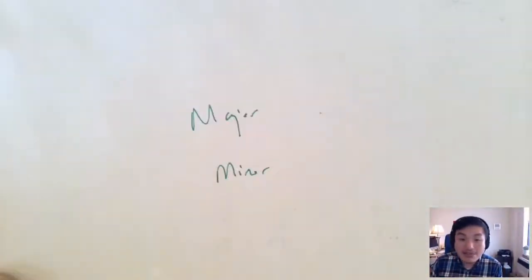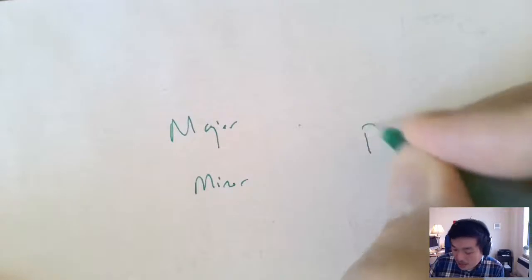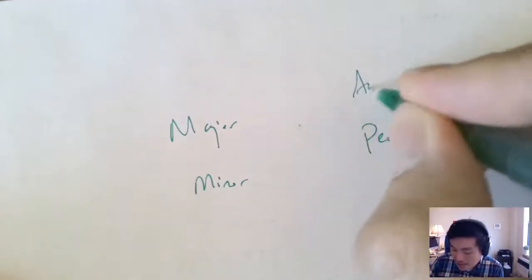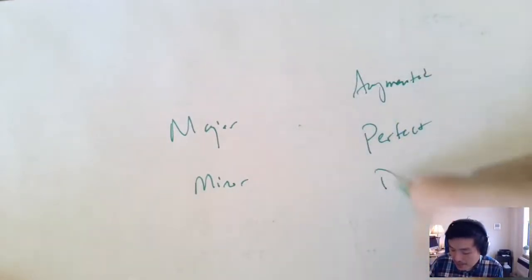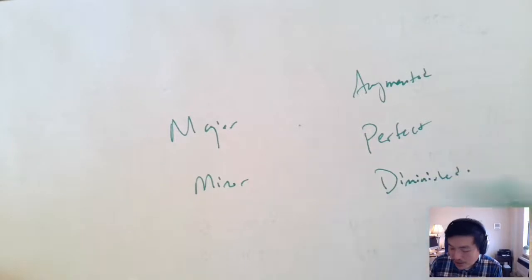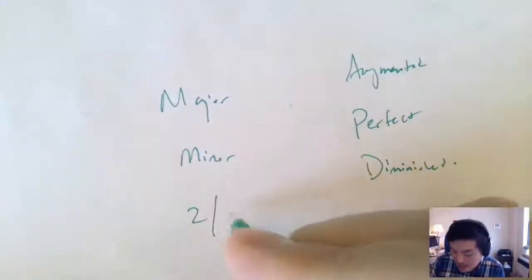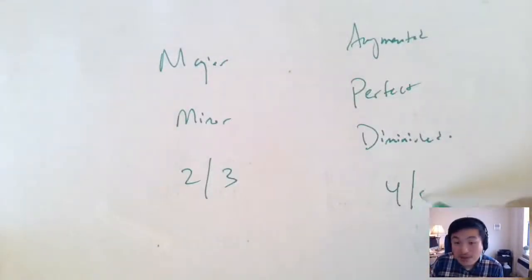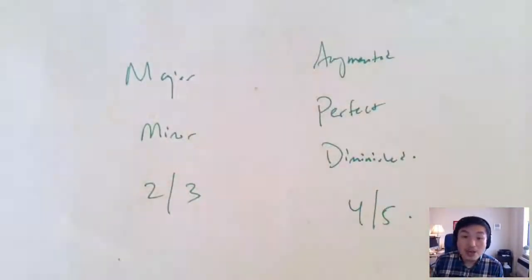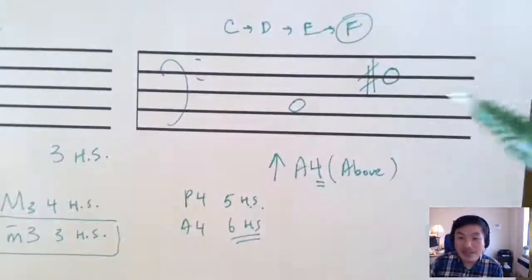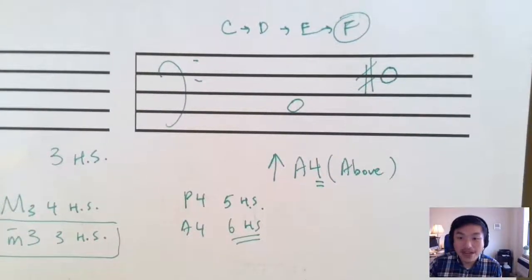For our class, that's going to be seconds and thirds, and also perfect, augmented, and diminished. Once you understand the relationship between these intervals, and more specifically how they affect the number of half steps there are in each, then you're going to be able to more quickly and more accurately figure out these questions. Okay, so take a look. If you have any questions, please let me know.